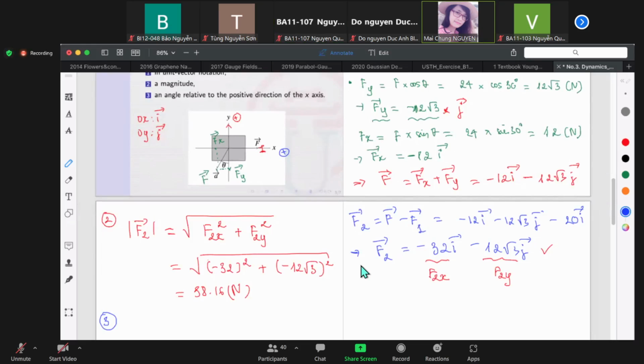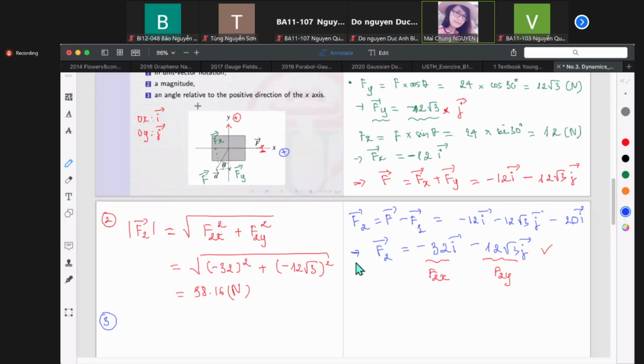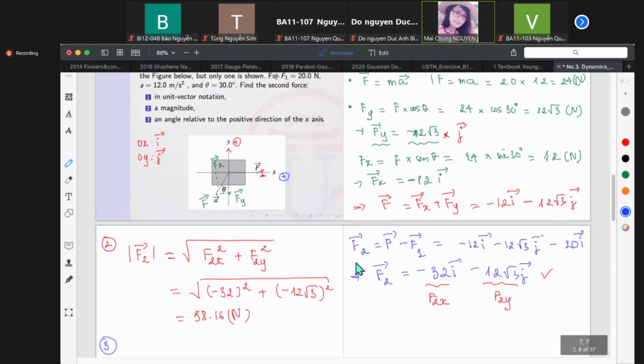Question number 3 asks us to show the positive direction, right? Now we need to show the position of the F2. So where is the F2? Look at the figure here.